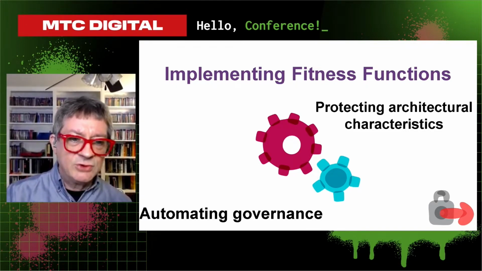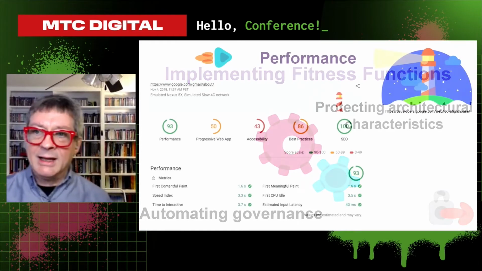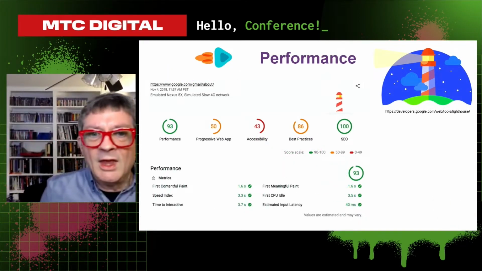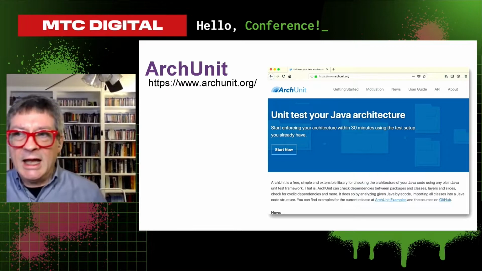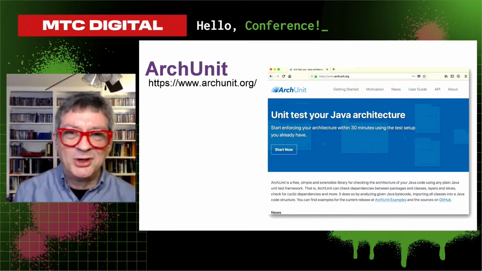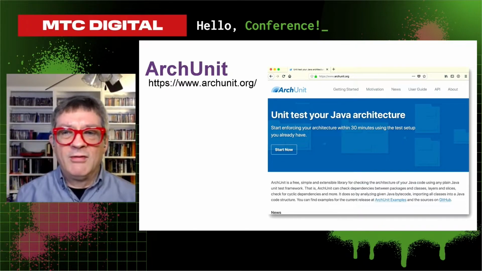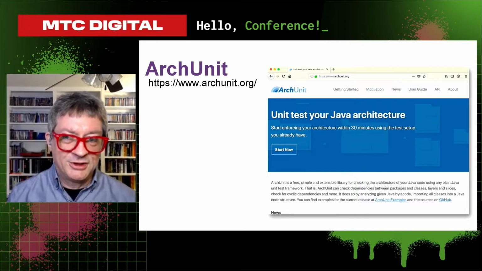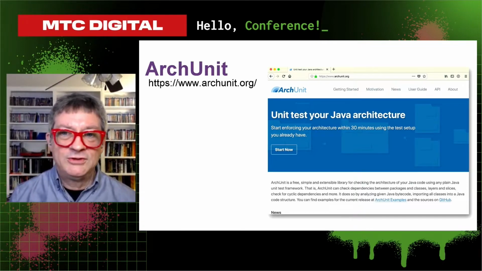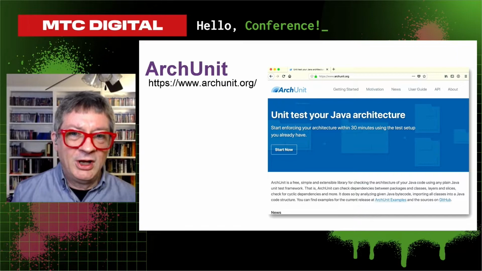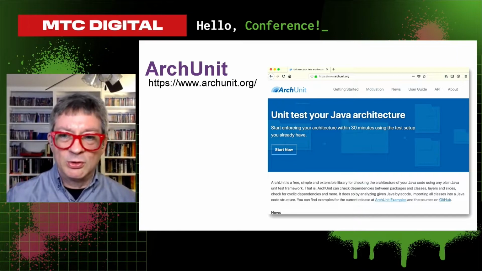There's a great class of tools that have arrived, like ArchUnit. ArchUnit is a specialized testing tool in the Java world for testing architectural characteristics. It was built on top of JUnit and uses several of the helpers from the JUnit world.